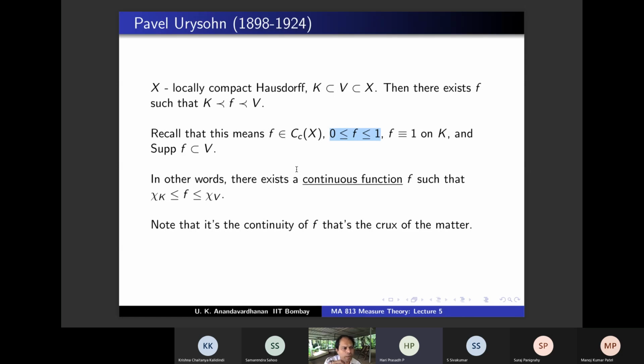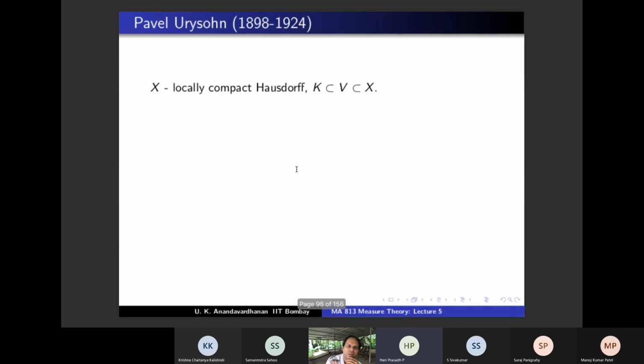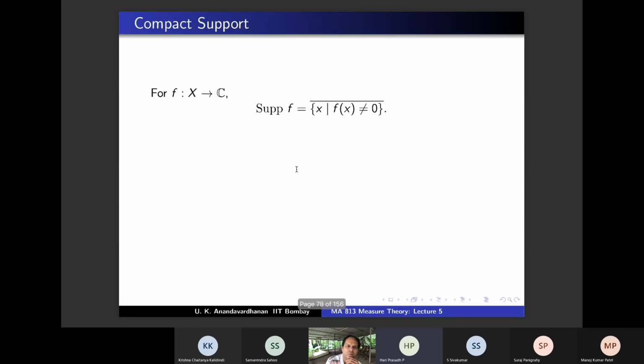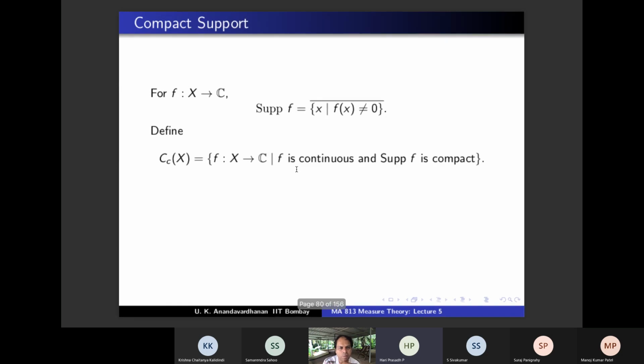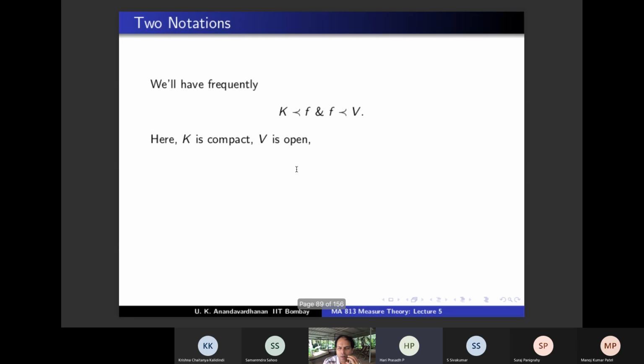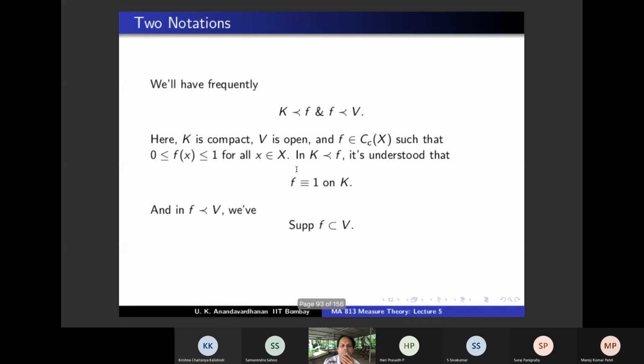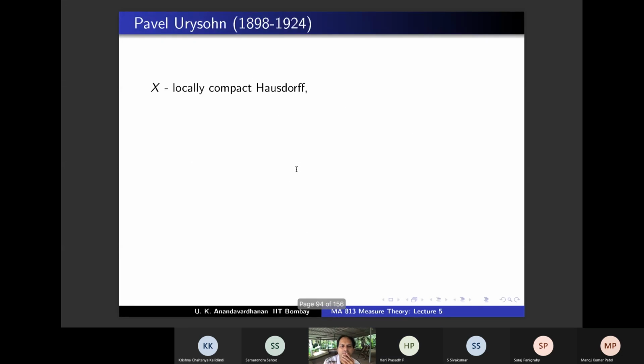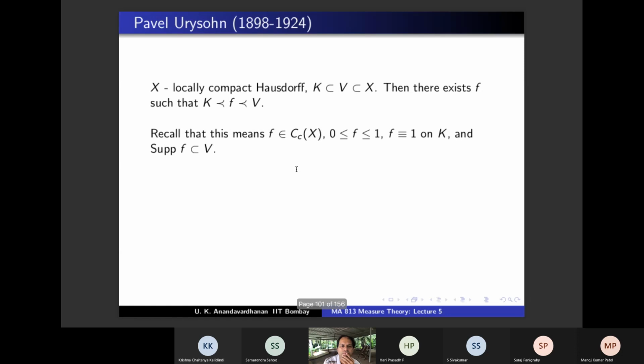No, the closure of that set. Sir, for compact only we will think closure? No, our definition of support is this. For any function, this is the support. So if you have the characteristic function of V, then the set of all x where chi V of x is non-zero is V, and the bar is anyway there. So support of f is V bar. So support is always closed by definition.